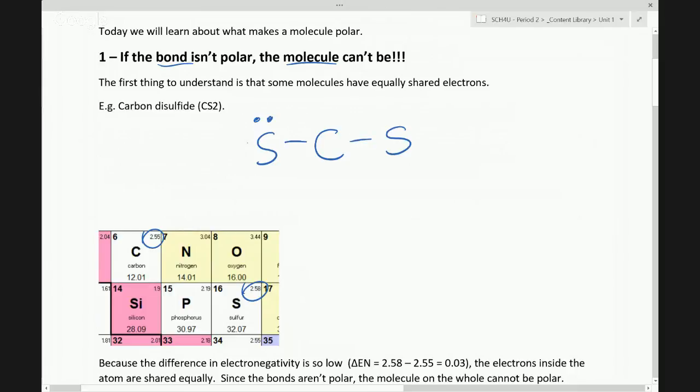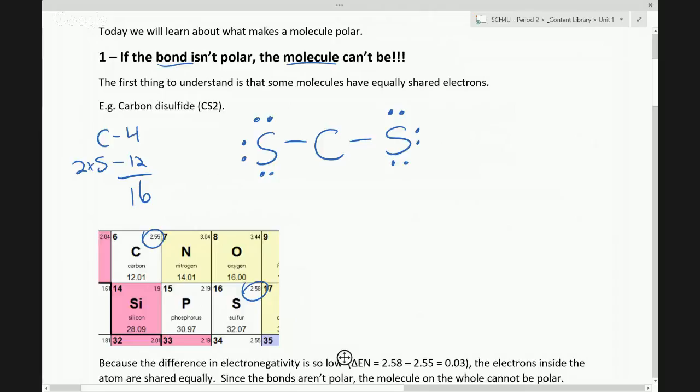We would fill the surrounding octets. And we would count electrons, knowing that carbon should give us 4, and sulfur should give us 6 each, for a total of 12, for a total of 16. And if we look here, we'd go 2, 4, 6, 8, 10, 12, 14, 16.